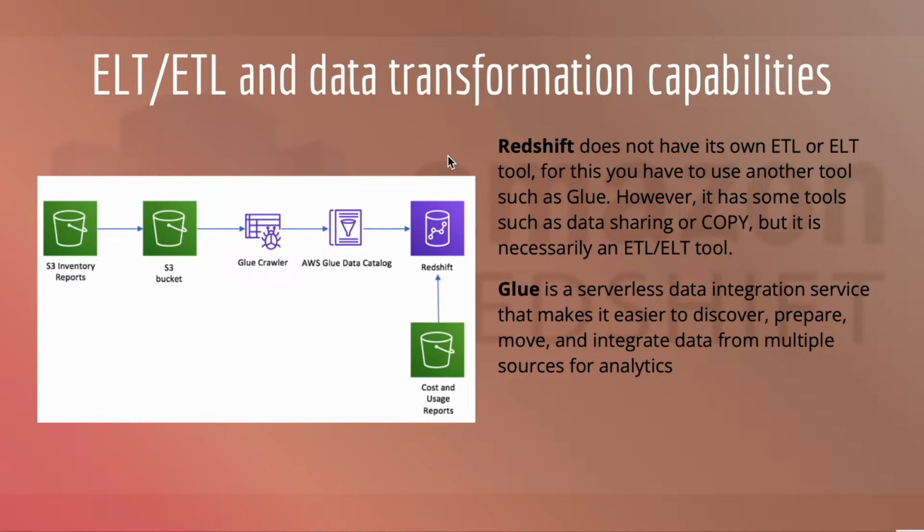So Amazon Redshift can only load data, but it has to be integrated with other tools like Glue and many other tools to perform the extraction and the transformation of this data, which is then loaded into Redshift to perform different data analysis queries on it.